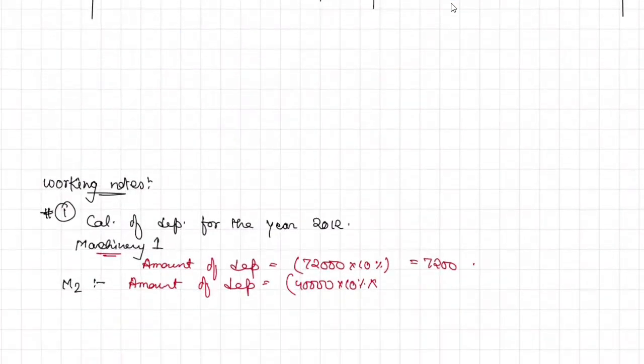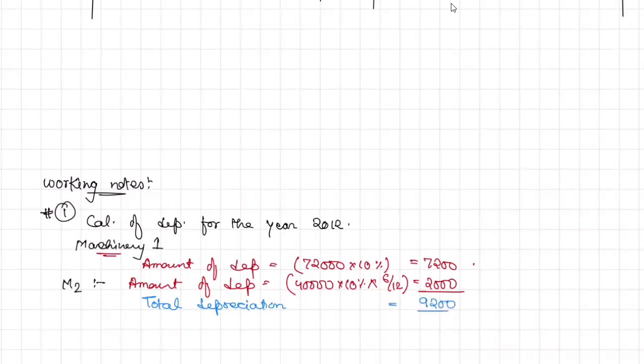Into 6 by 12. That means half. 4,000 will be full, half will be 2,000. Correct? So total depreciation will be 9,200. Yes, you all agree?